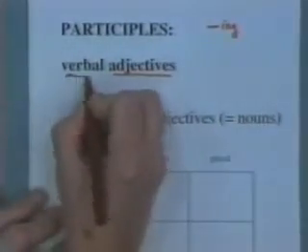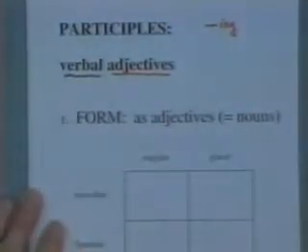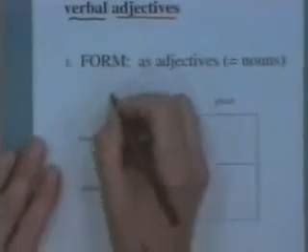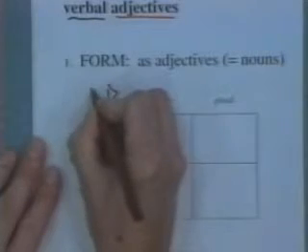Okay? And we can make this chart. I'm going to use our paradigm verbal root. But now, because they're verbal adjectives, we're going to apply the principles of adjectives to a verbal root.